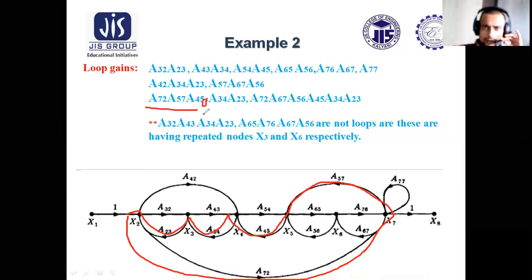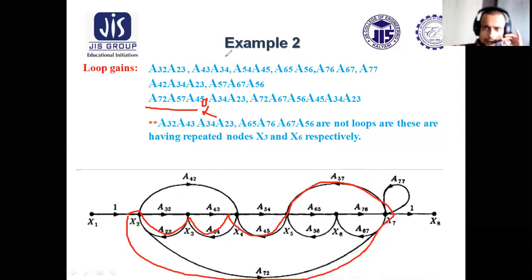Another loop is A72, A57, this loop is considered.